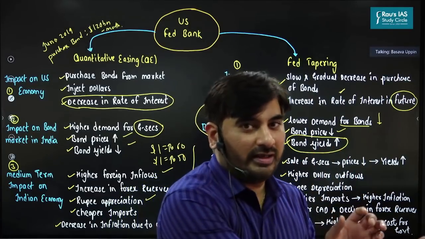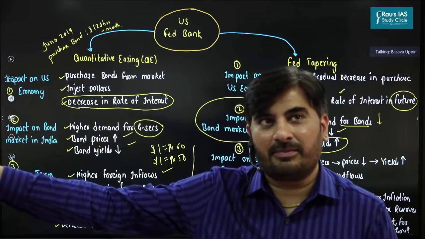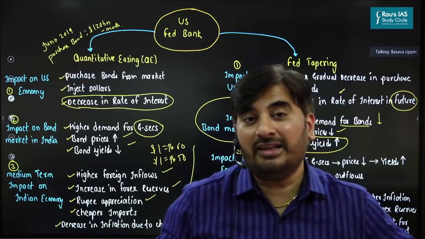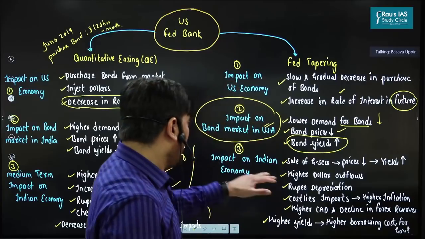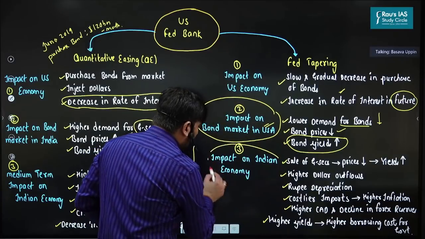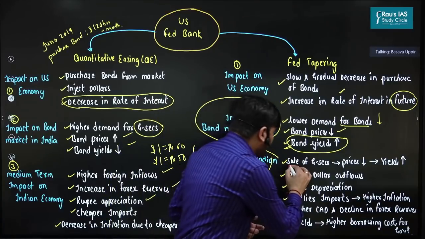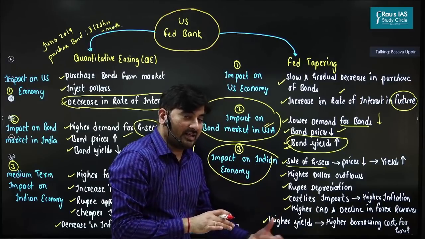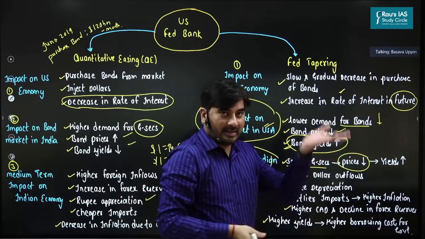You'll sell off your investments that you have made in India. You'll take out your dollar. You'll start making investment in US, right? So you'll start selling off the government securities in which you have made investment. So as far as India is concerned, because there are rising yields in US, investors will start selling off the government securities in India. And as they start selling off the government securities, supply of government securities will increase.